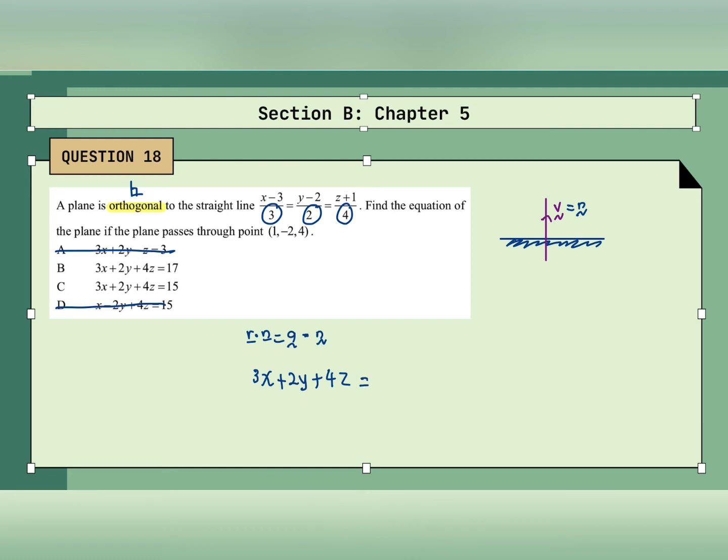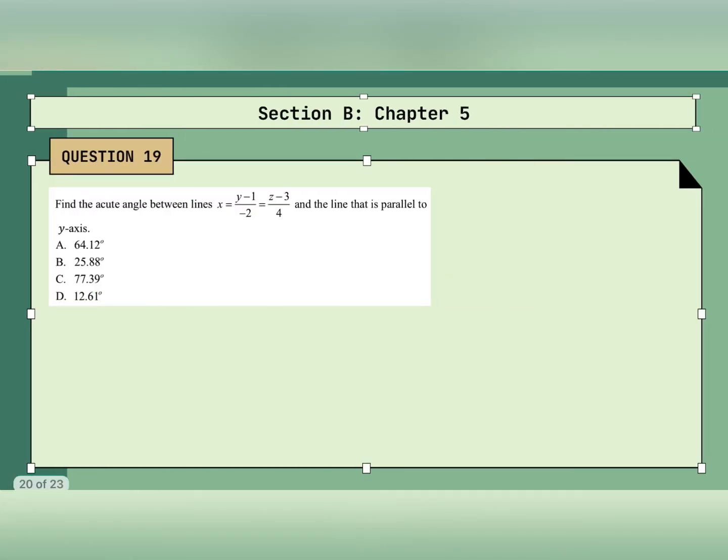So now kat belakang ini kita kena cari A dot N. A kita apa? 1, negative 2, 4 dotkan dengan 3, 2, 4. Okay, so ini macam mana cara nak kira dia? 3 tolak 4 tambah 16. So I get 15. Mana jawapan kita yang ada 15? Here. So the answer adalah C. Okay, So ini adalah 18.